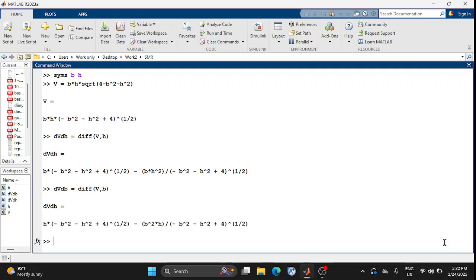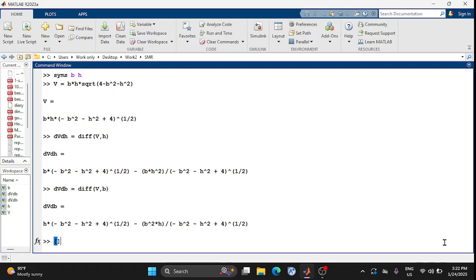To find the values of H and B at the maximum volume, we set our equations to 0 and solve them simultaneously.